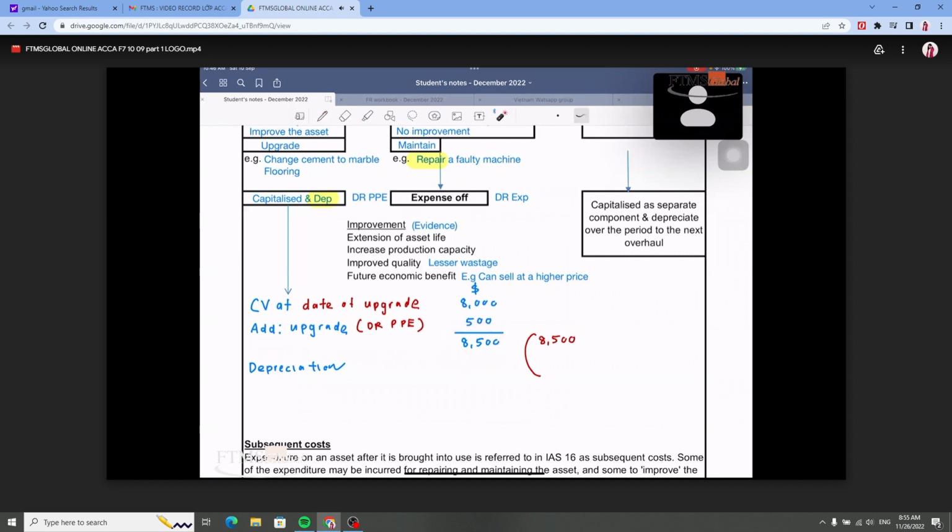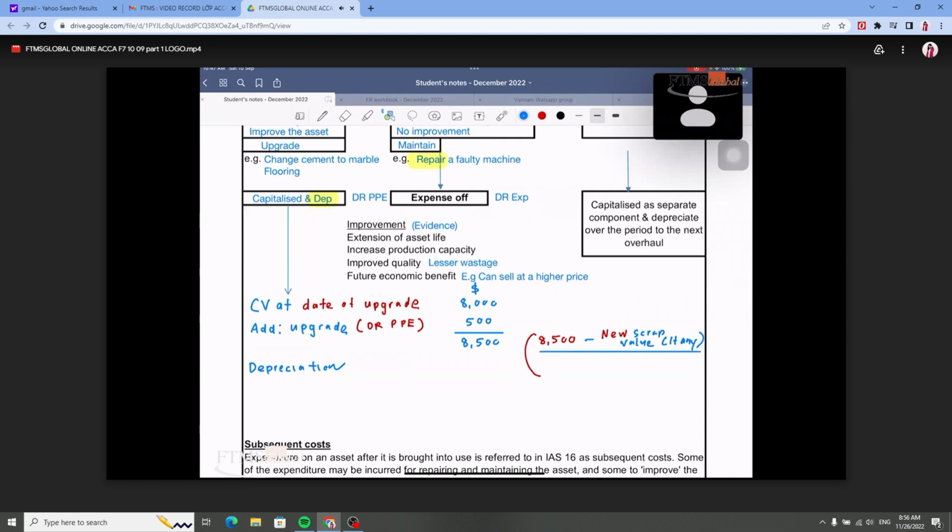Then as opposed to minus scrap value, if there's any new scrap value, I will minus the new scrap value, if any. Then normally I will divide by useful life.